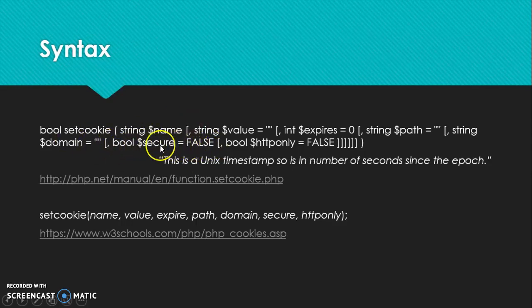We have the security parameter. With the security parameter, we can determine if the cookie will work only in secure pages, the HTTPS protocol, or false, to work with non-secure pages.